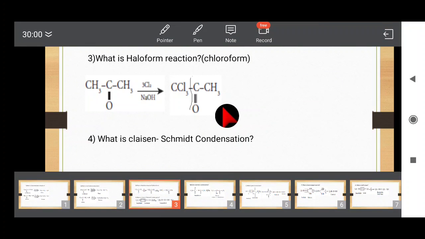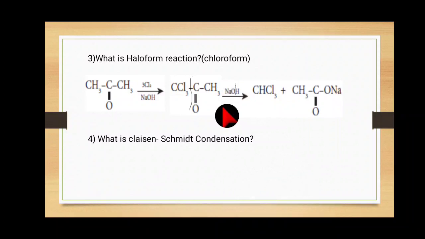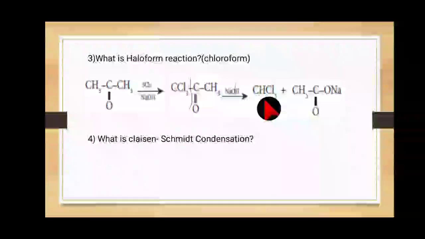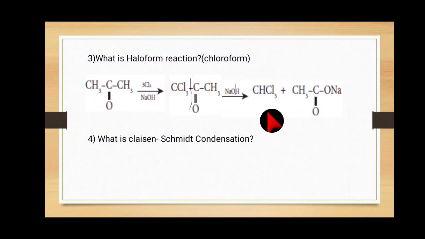Further, sodium hydroxide reacts. Now the bond cleavage is between CCl3 and C double bond O. In sodium hydroxide, the bond cleavage is between oxygen and hydrogen. The hydrogen moves to CCl3, so we get chloroform, CHCl3.